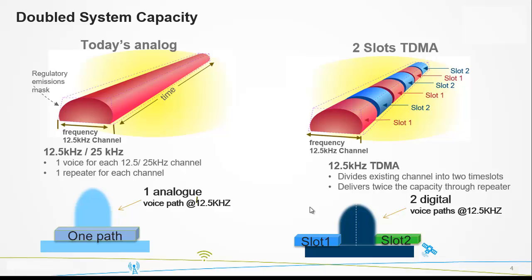DMR radios or digital radios use what we call TDMA, or time division multiple access. So what is this time division multiple access? With analog radios, as you can see on the left, given a single frequency, the analog radios will use the single frequency all the time.